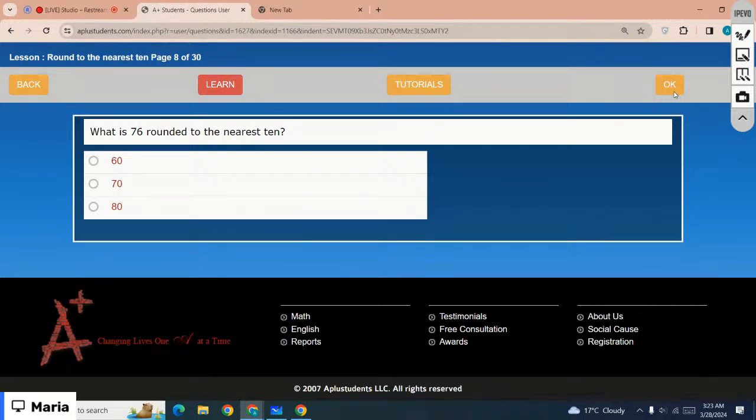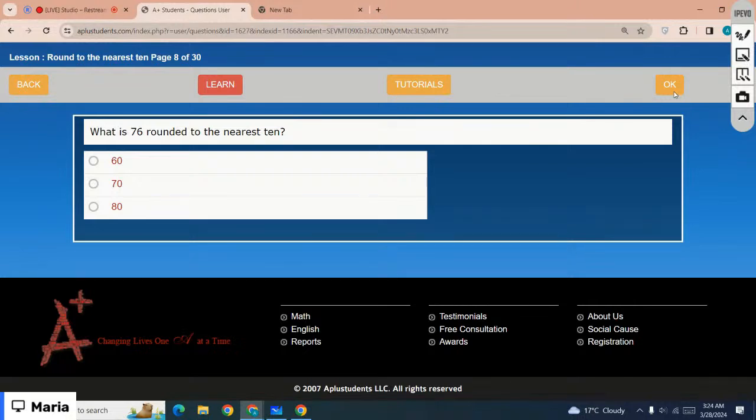What is 76 rounded to nearest 10? So, which is the correct option? Seventy-six. 6 is greater than 5, right?